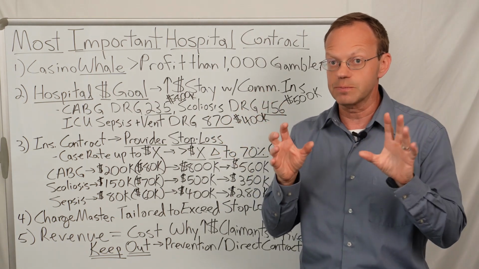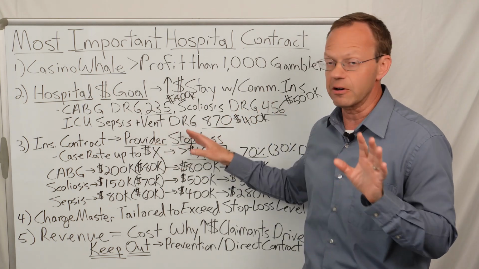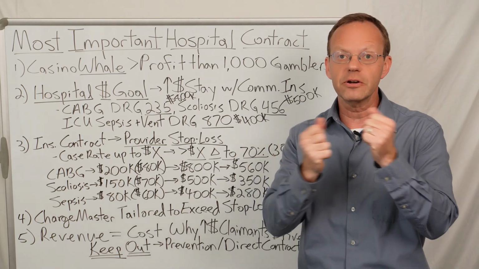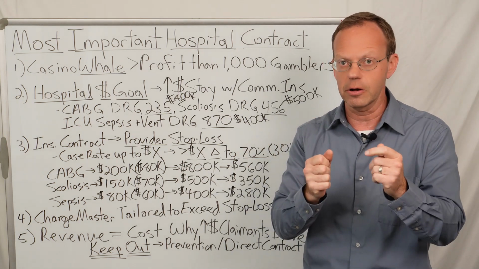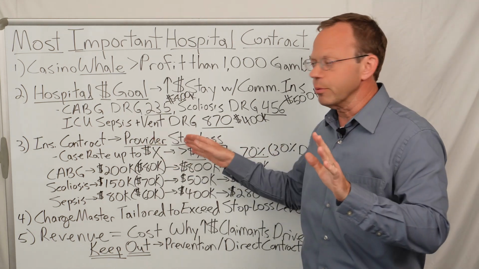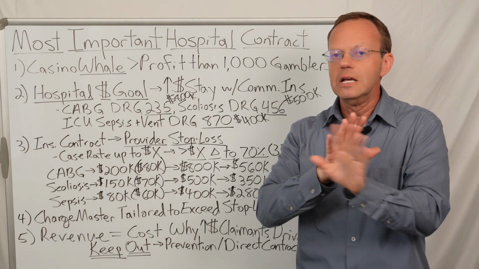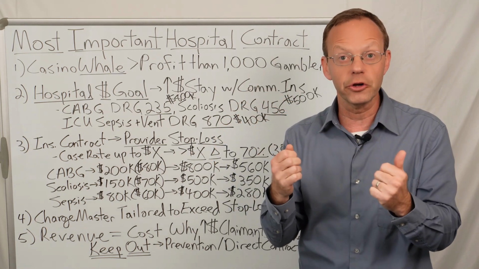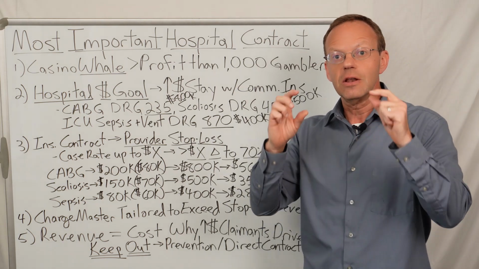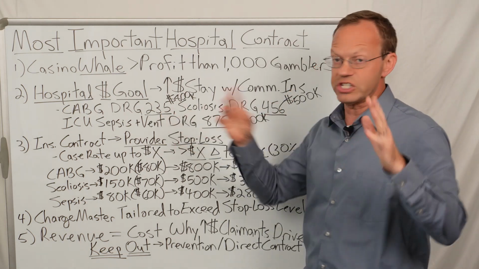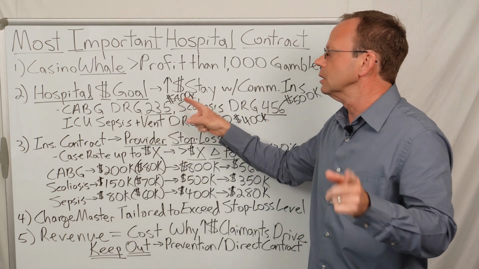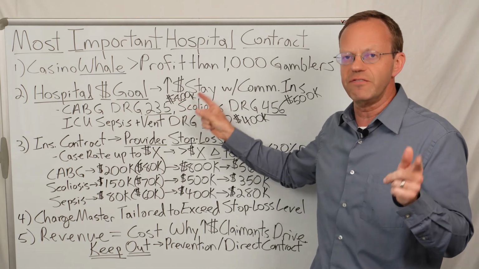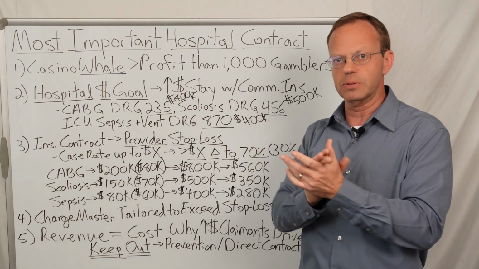So the major hospital systems hold on to these provider stop loss clauses when they're negotiating with an insurance carrier. Now note, it's a stop loss for the hospital, okay? So this has nothing to do with stop loss insurance that an employer might have, okay? This is the hospital trying to stop themselves from losing money when they have these very high cost hospitalizations.